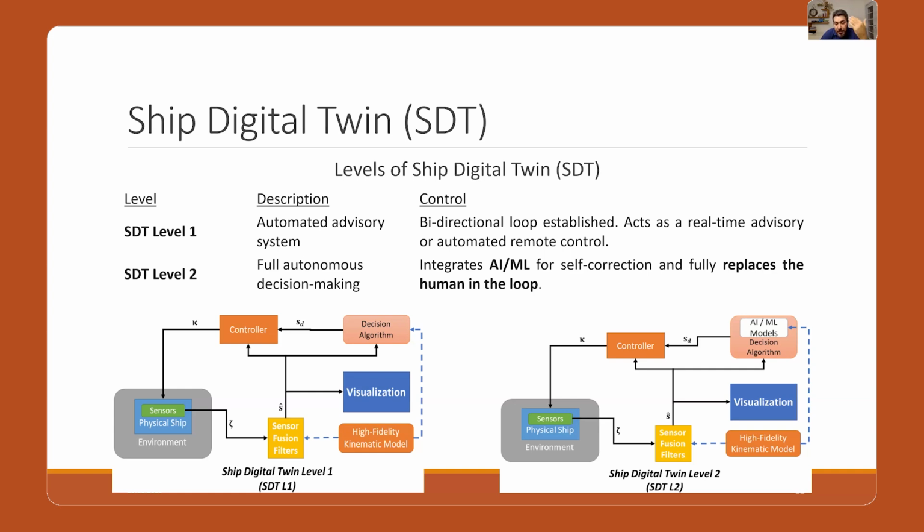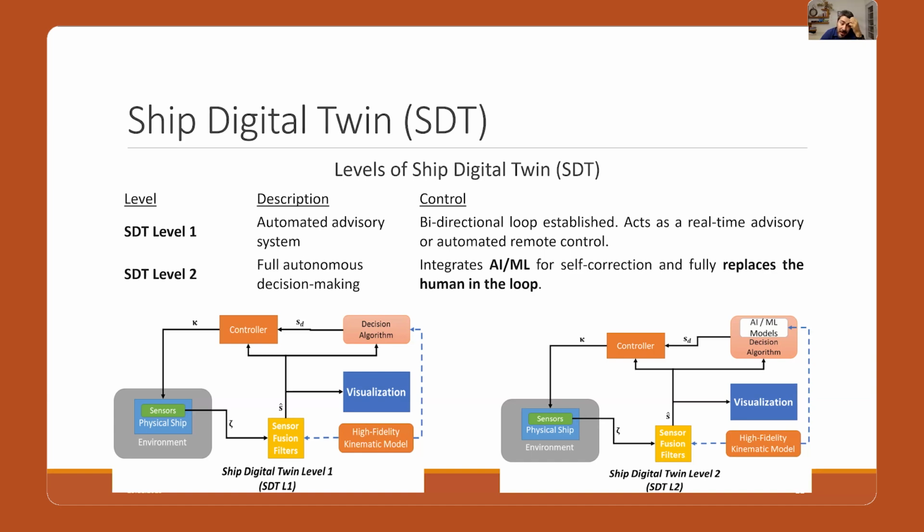Then when the ship starts operating, you place the AI ML model in the decision algorithm. Then it collects data, and in the meanwhile, this AI ML model is still being trained with the real data flown from the physical ship.